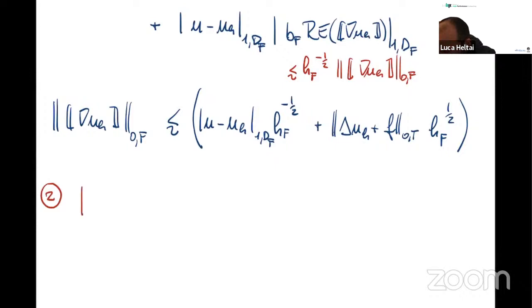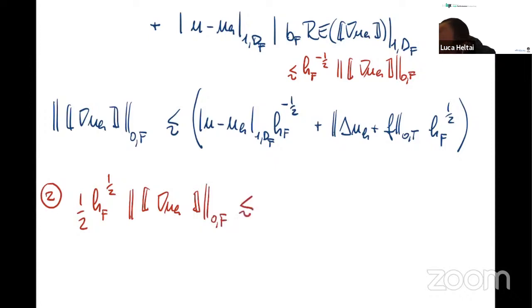The second estimate that is required is that hf to the power 1/2 times the jump of the gradient of uh, 0f, which is what is inside the error estimator, is controlled by u minus uh, 1 df, because the hf to the power 1/2 disappears.